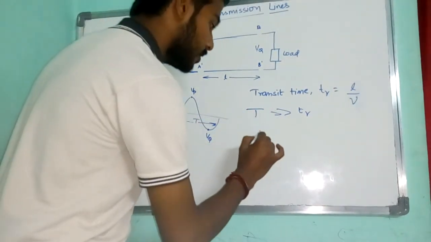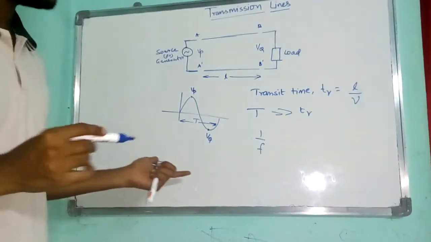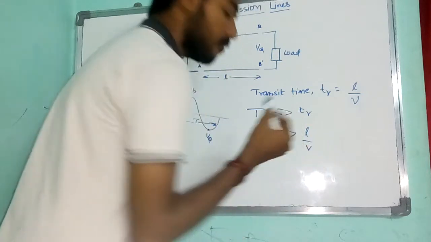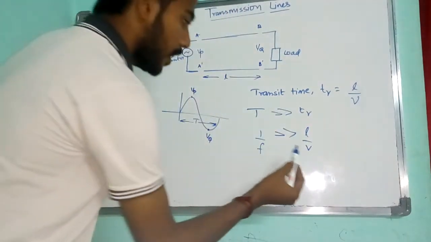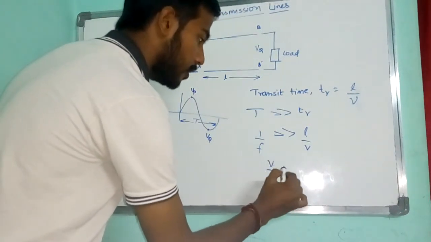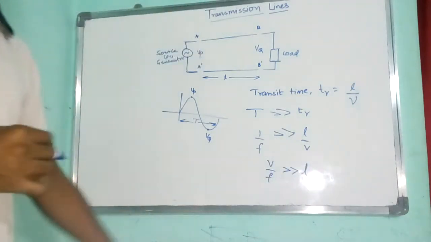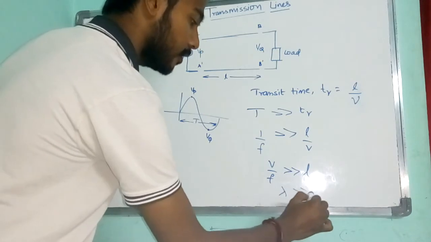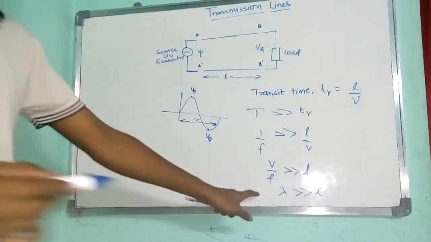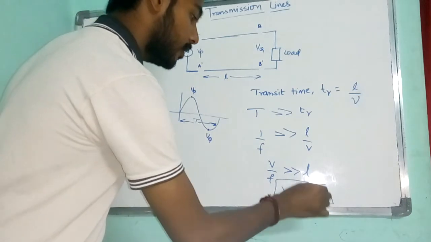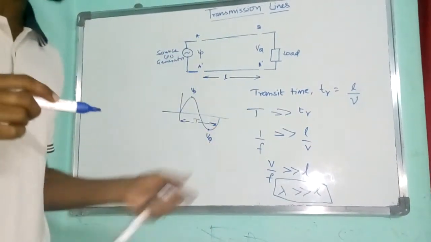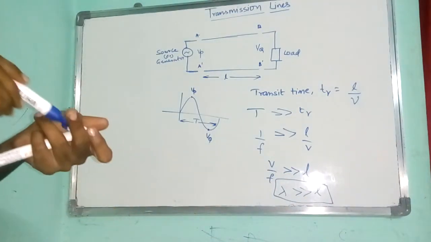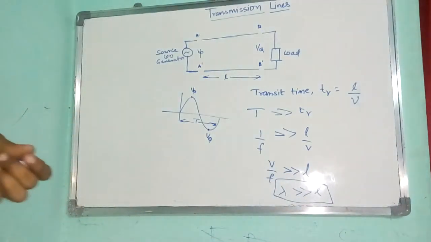That is, the time period T = 1/f is far greater than L/v. If you cross multiply, we know that velocity upon frequency is lambda, the wavelength. Whenever the wavelength is far greater than the length of the transmission line, we can ignore the transit time effect.